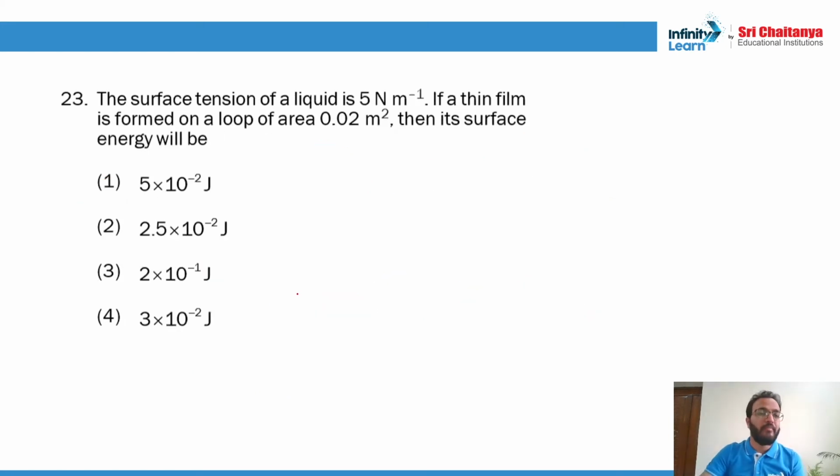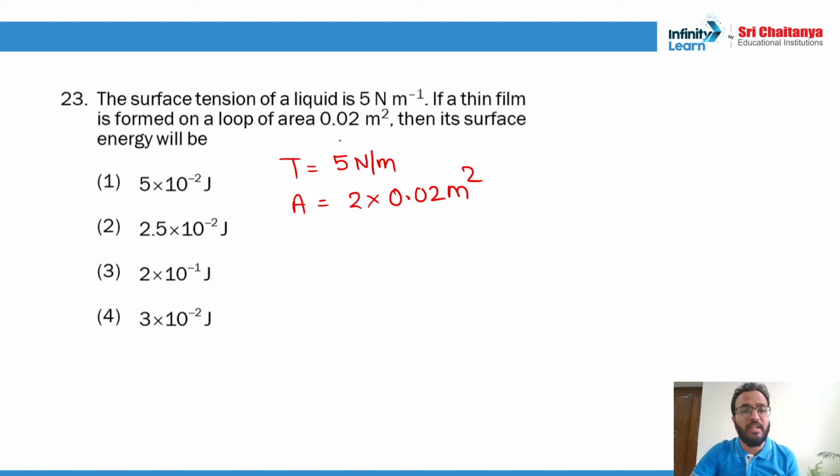Now, 23rd, the surface tension of the liquid is given. Surface tension is given 5 Newton per meter. What is area? It is 2 into 0.02 meter square. Now you will ask, sir, why have you done 2 into 0.02? Because it is a thin film. I told you this in the class.